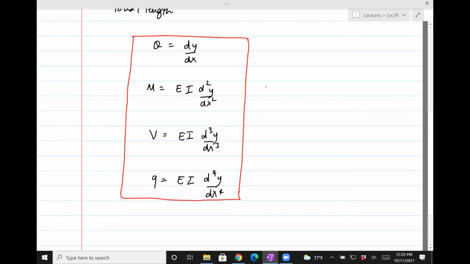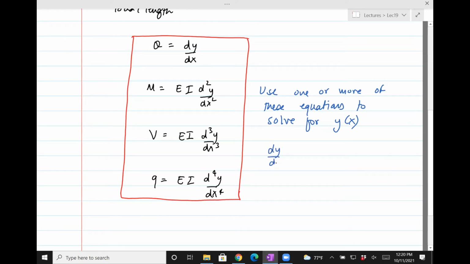So we will use one or more of these equations to solve for y as a function of x, where x is the distance along the beam. You could also solve for dy by dx as a function of x.